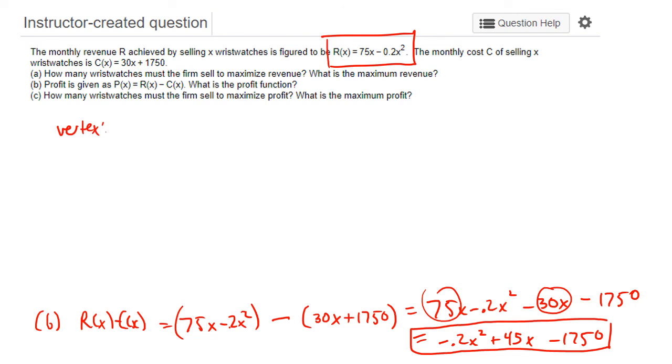So we do the same work. I want x to be negative b over 2a. The number multiplying x is now 45, and the number multiplying x squared is still negative 0.2. And quickly computing, negative 45 divided by 2 times negative 0.2 is 112.5.